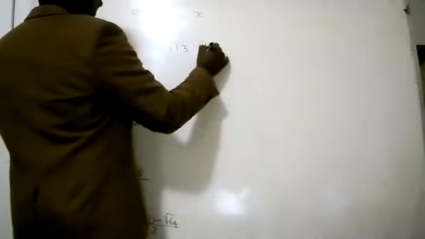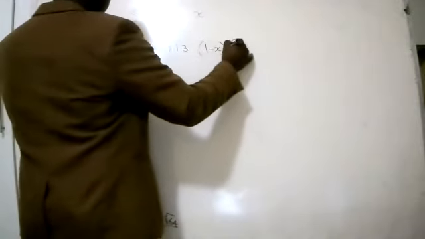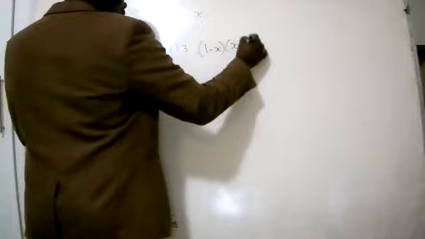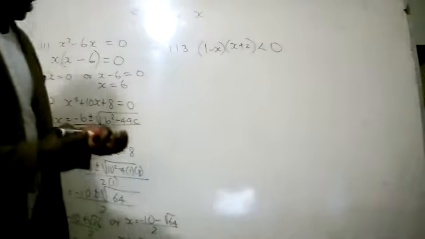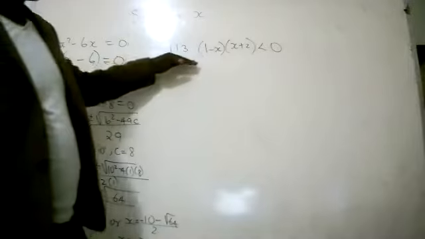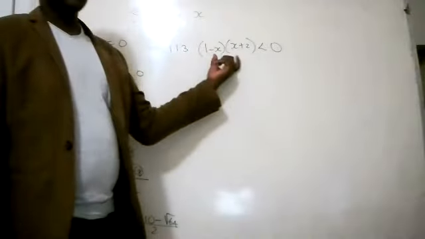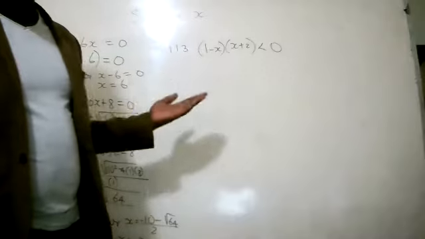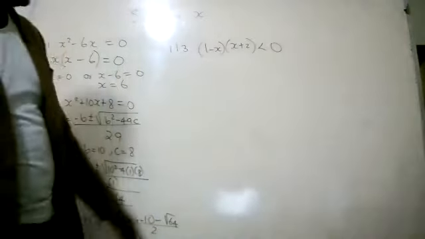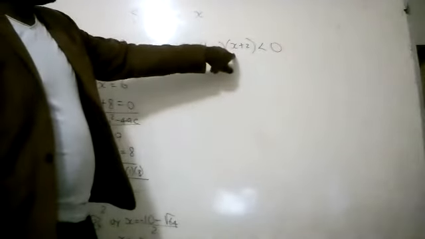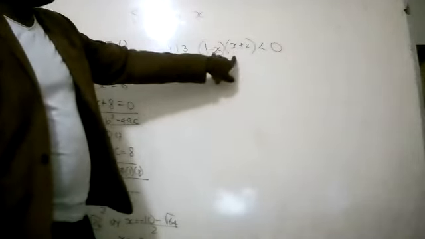So we are having (1 minus x)(x plus 2) less than 0. We are fortunate that in this case, the question is already factorized. In some cases, we may not come across a question which is already factorized. So we no longer have to spend much time on factorization.